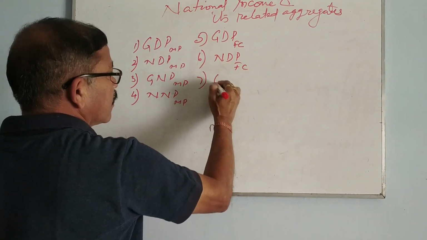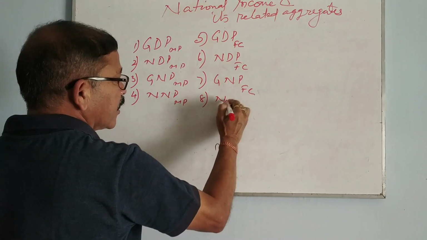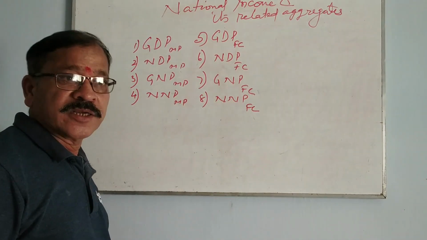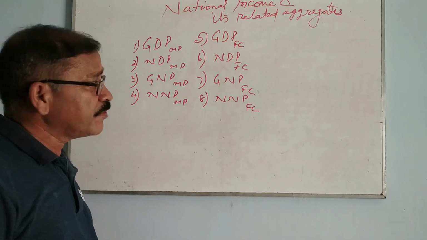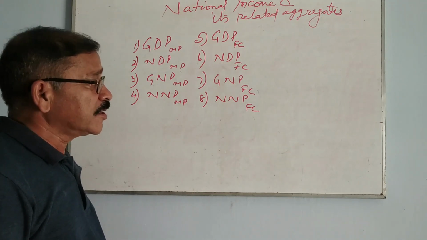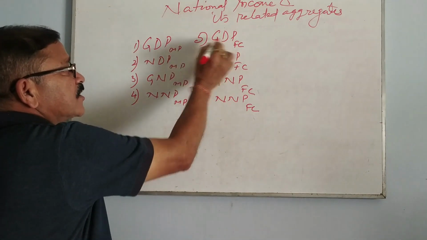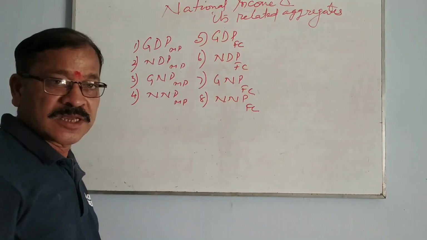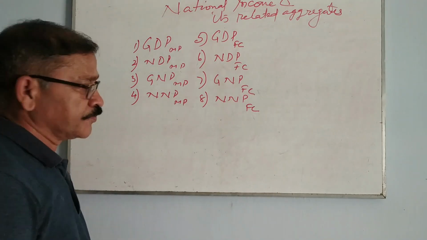Number 7, GNP FC. Number 8, NNP FC. So there are 8 concepts. Here you can see both are the same, GDP and GDP, but one is the MP concept and the other is the FC concept. Now what is FC and what is MP?